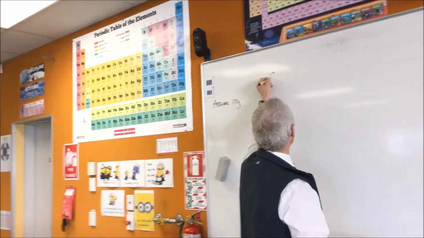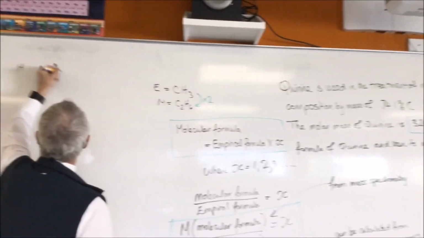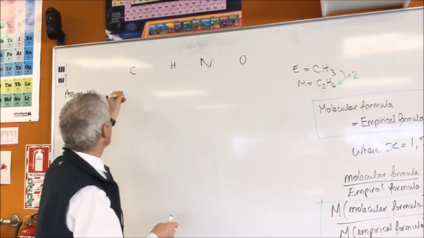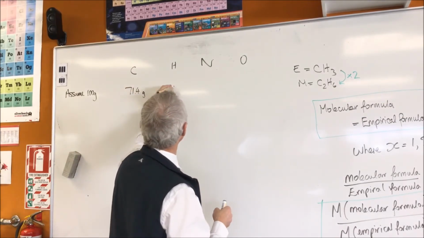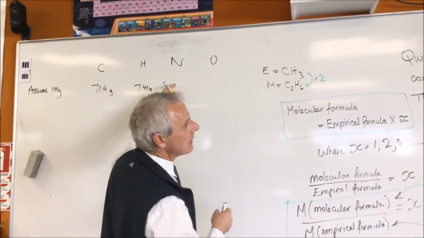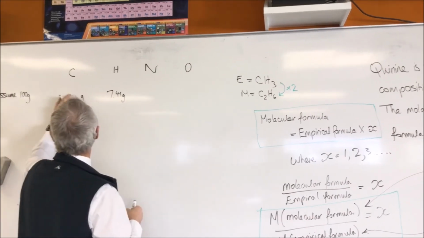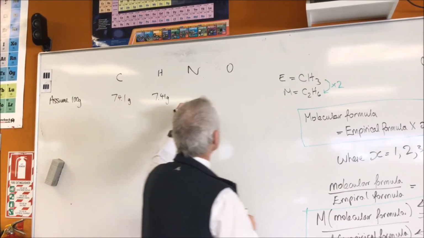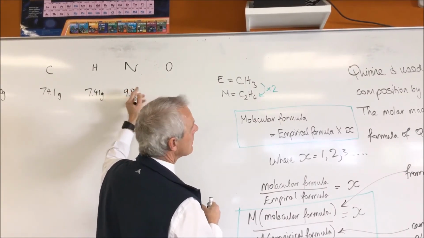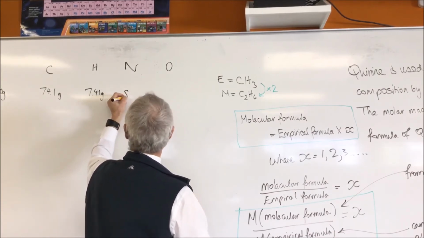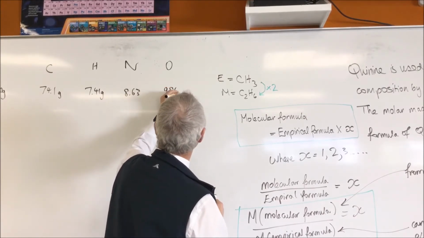So we've got C, H, N, and O. Okay, so we're going to assume 100 grams, so we've got 74.1 grams of carbon, 7.41 grams of hydrogen, 8.63 grams of nitrogen and 9.86 grams of oxygen.